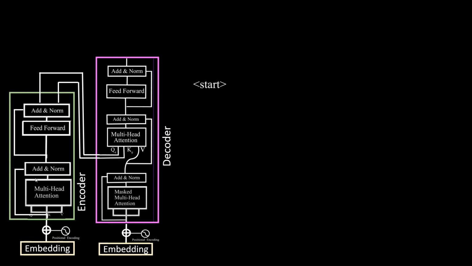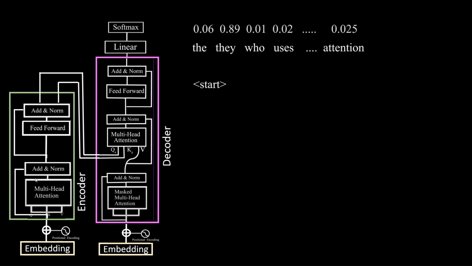Then the final output from the encoder decoder will be passed through a linear layer, which will output the vector containing the information about the next word. And to understand what the next word could be, just simply pass this output to the softmax layer, which will output the probabilities for the occurrence of each word.